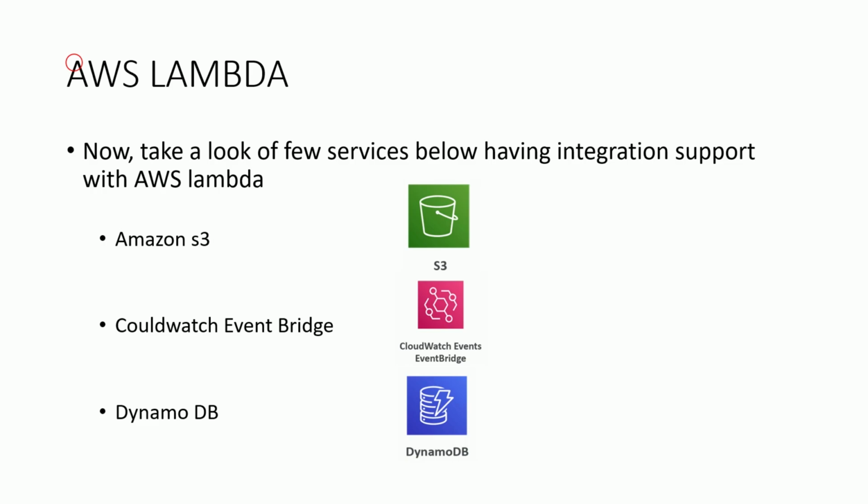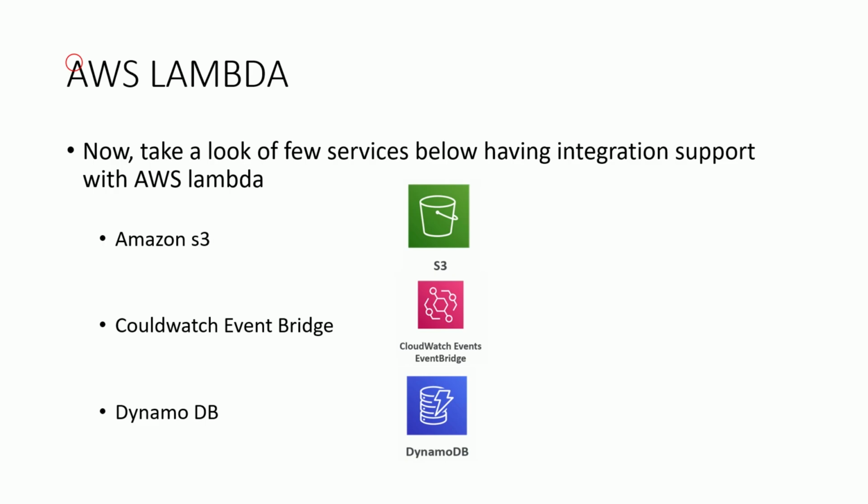Any event that happens in any service comes to CloudWatch EventBridge. Now CloudWatch EventBridge will route this and trigger Lambda functions for each event. If it triggers a Lambda function, it does some custom processing based on the requirement and sends back the response.